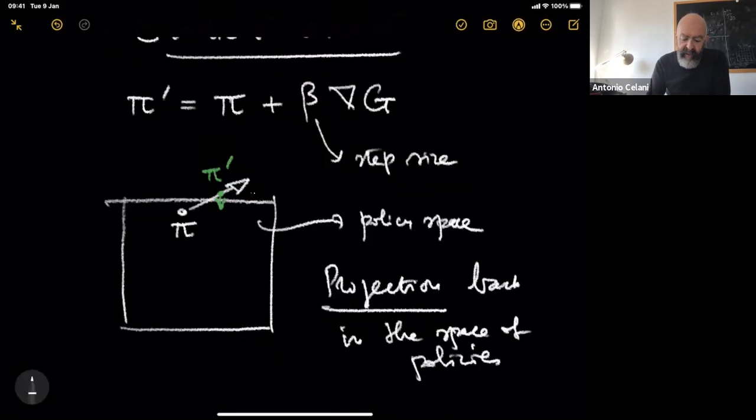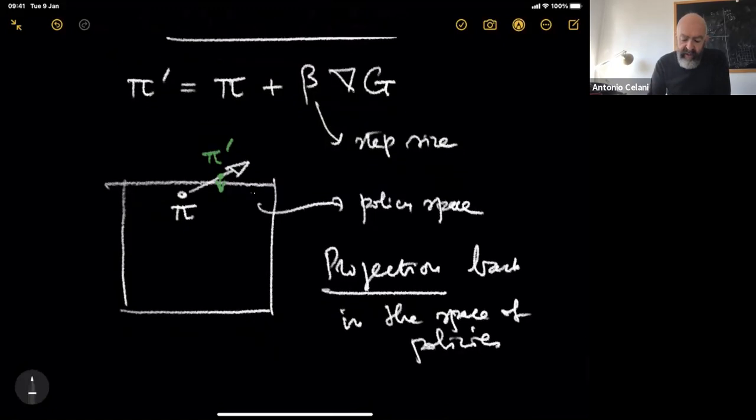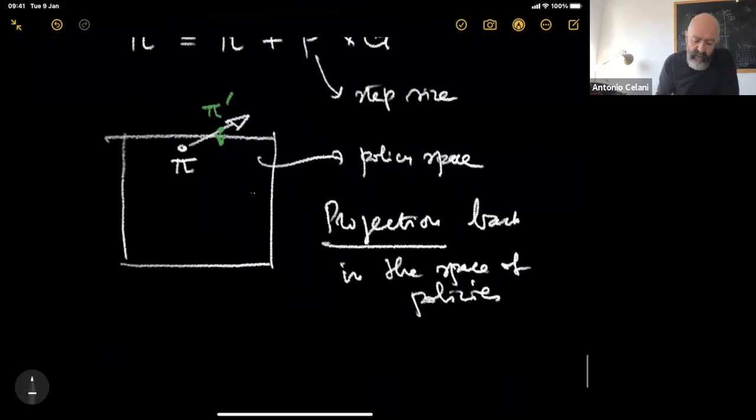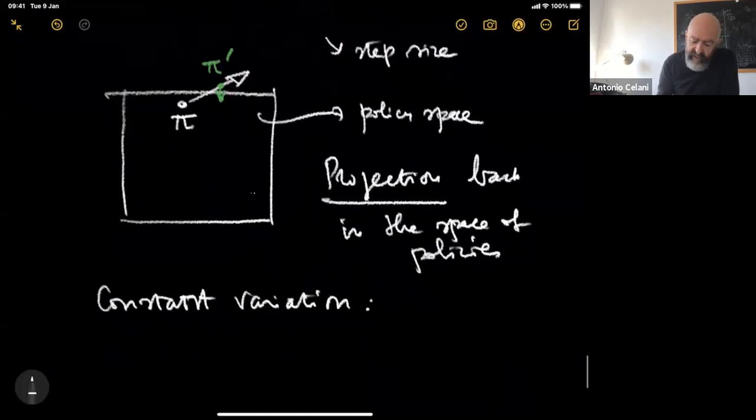Okay, of course, here there is an issue, if you want, that is that the length of the step that you're doing in this process depends on the strength of the gradient, if you keep beta constant. So another opportunity that we have is to use a constant variation. So what is the idea?